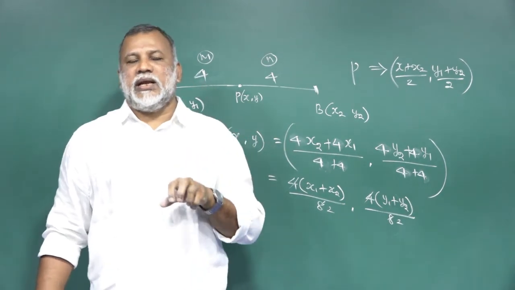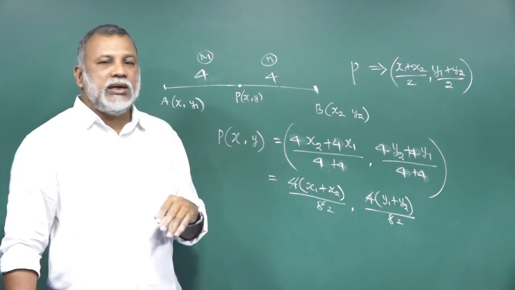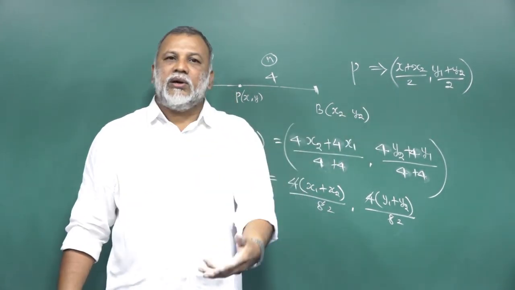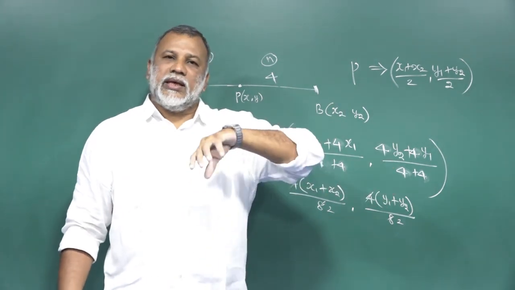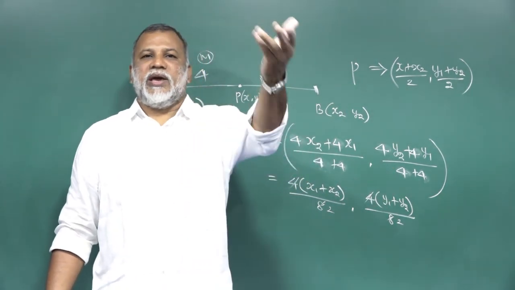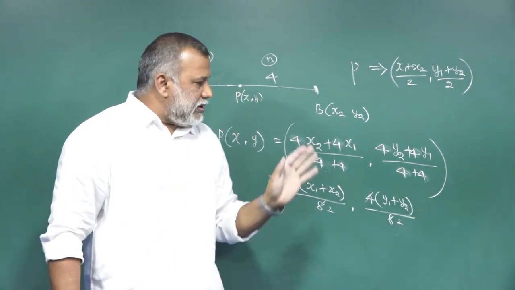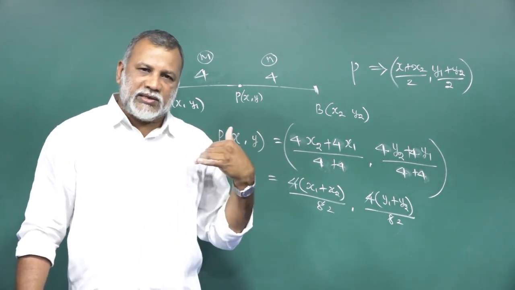From that internal division, we can use the same ratio, then we can get the result x1 plus x2 by 2, comma y1 plus y2 by 2. Again later on, we are going to prove the other one, externally. Externally means the point P of x comma y lies outside the line AB. So we are having the proof. So far we discussed the 3 results.